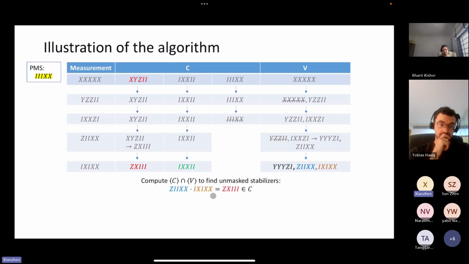In this example, ZXII is the product of these two elements that we measured. So ZXII is actually an unmasked stabilizer. And this means that XYZII, which is in the initial round of stabilizers, is an unmasked stabilizer.